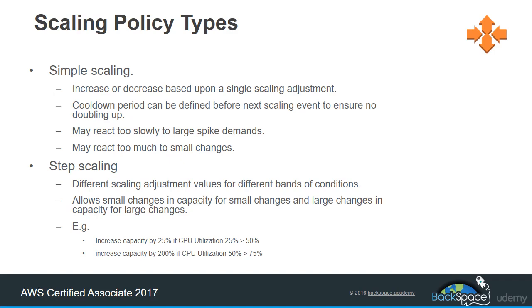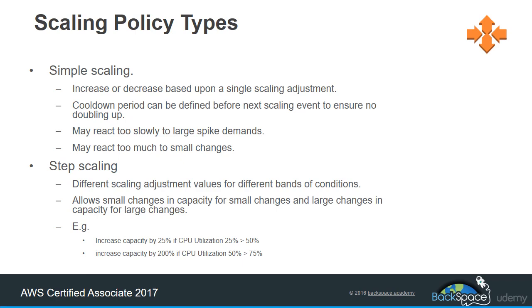The other option is step scaling. We didn't always have step scaling; I think it came in mid-2015. But it allows us to have different scaling adjustment values for different bands of conditions. It allows small changes in capacity for small changes in our conditions, and large changes in capacity for large changes in our conditions.